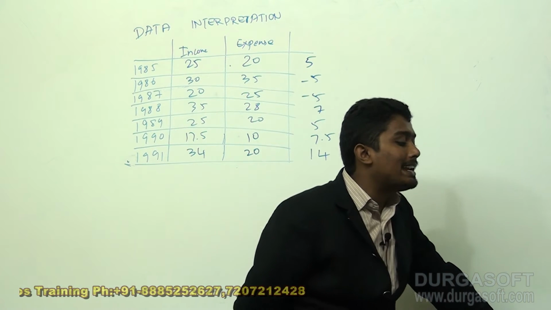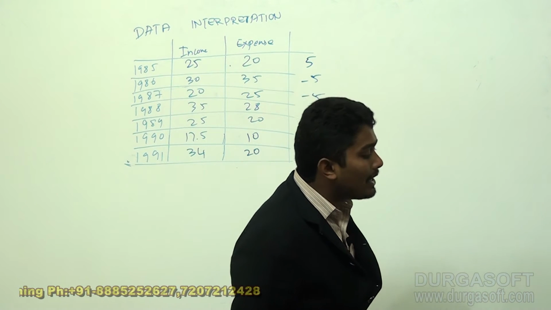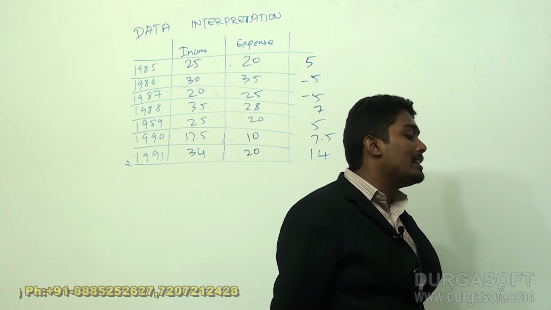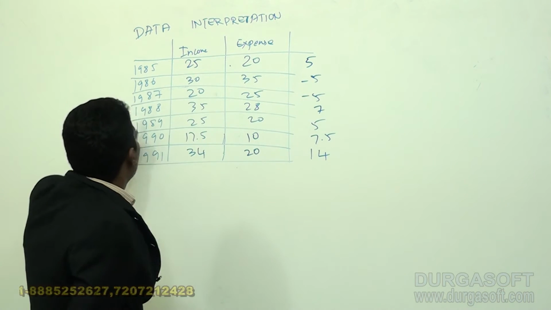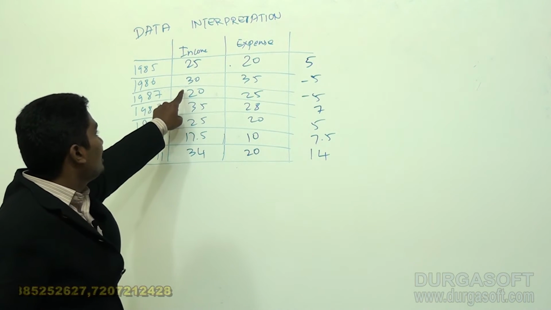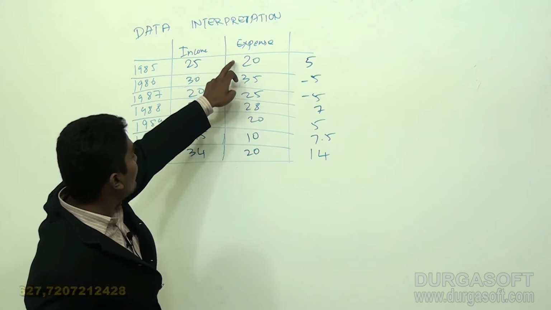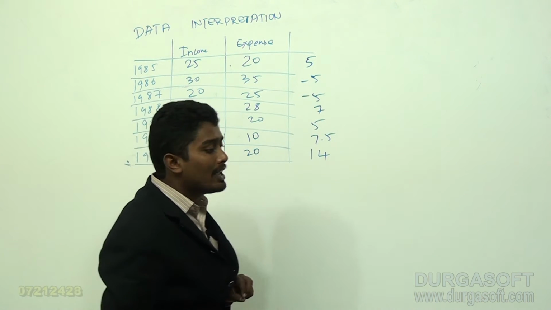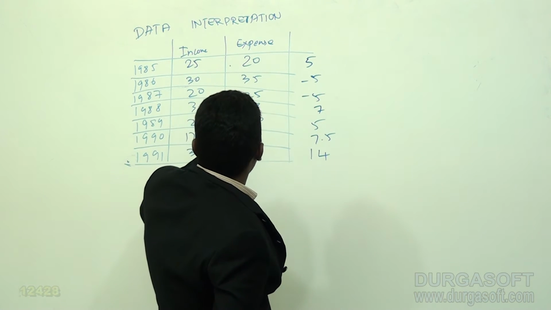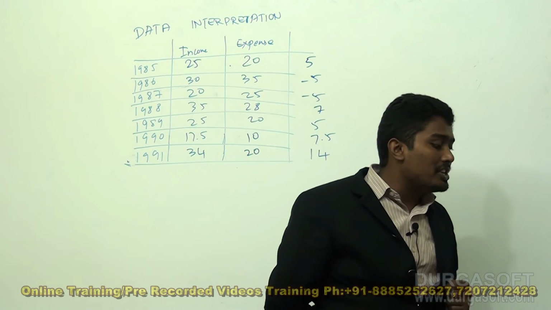Options given are 1985, 1990, 1985, 89 and 91, 1988 and 89, none of these. So they say that the income of 87, that is 20, is the same as the expense of which years? It is the same as the expense of 85, 89 and 91, which is option C.